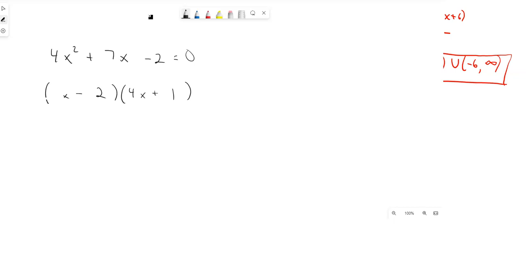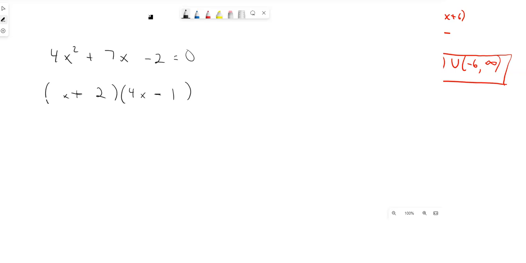Now you could do this by the AC method also. So I get a 4x squared plus x minus 8x. That's right, but with the reverse signs. So let's make that a plus and make that a minus. Now we get a 4x squared minus x plus 8x is plus 7x. 2 times negative 1 is negative 2. So you could have factored that by the AC method.